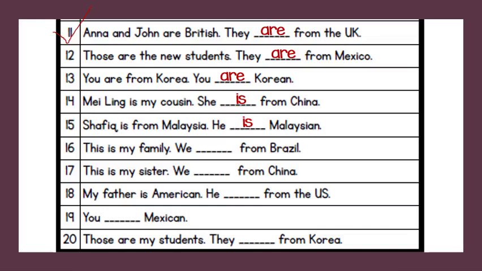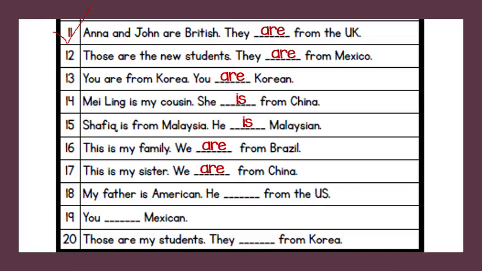Number 16, this is my family. We are from Brazil. Another tick if you got that correct. Number 17, this is my sister. We are from China. Another tick if you got that correct.